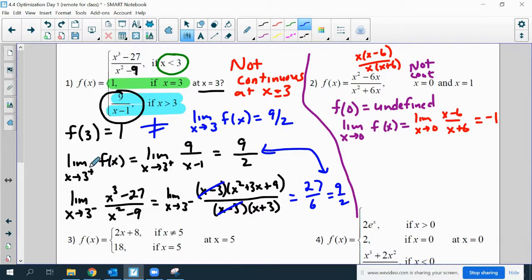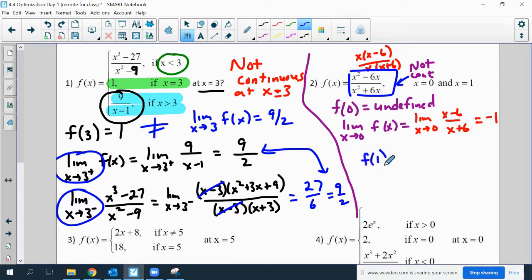Now notice I didn't have to do from the right and from the left like I did in problem 1, and that's because this function approaches the same thing from the left and the right. It's only defined in one way, whereas this function is defined in multiple ways in a piecewise function. So I don't have to really separate it into from the right and from the left because it's the same thing from both sides.